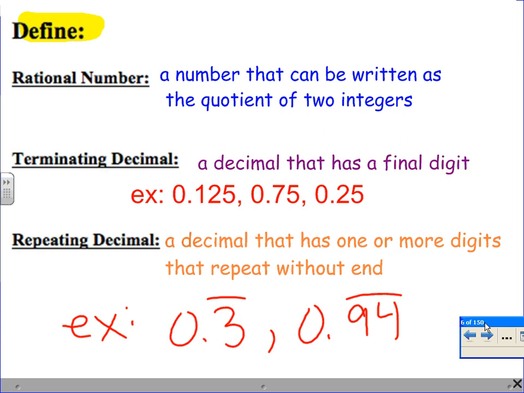Charles? Okay, 0.13 bar. That is a repeating decimal because it starts with 0.1 and the 3 goes on forever. Anything with the hat on is repeating. Mary? Okay, you're right, not related.